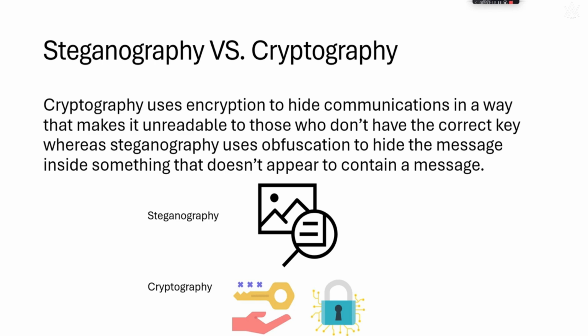It's super cool. Whereas in cryptography, it's obvious that you are sending a message back and forth because it's encrypted, and somebody who captures that message would need the decryption key in order to actually look at that message, right? So it's security through obfuscation rather than security through encryption.